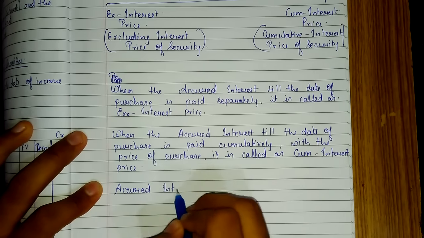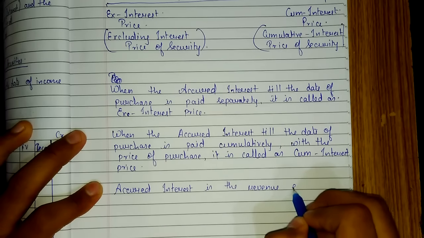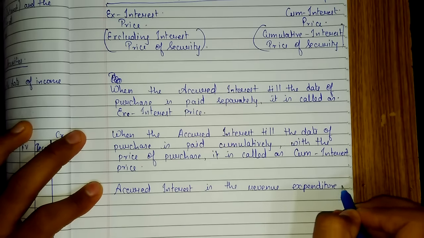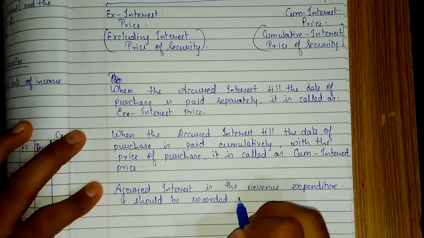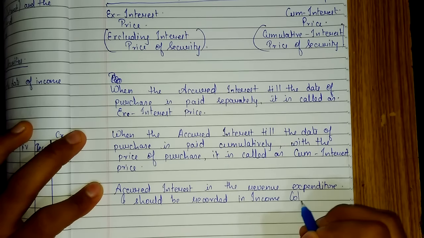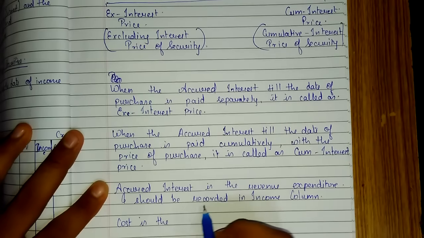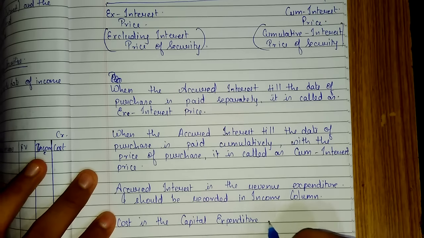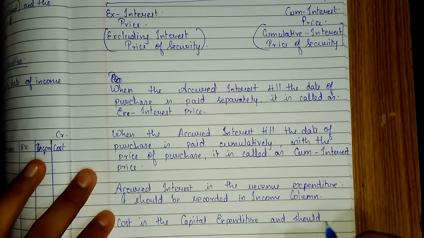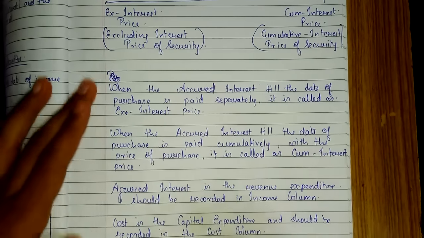Accrued interest is the revenue expenditure and should be recorded in the income column, and cost is the capital expenditure and should be recorded in the cost column. Okay, and vice versa for the credit side.